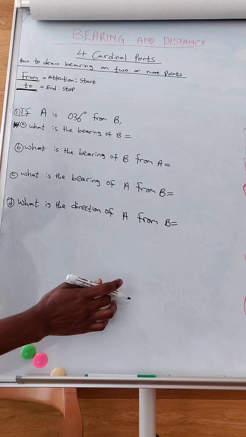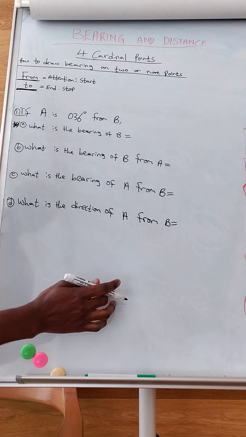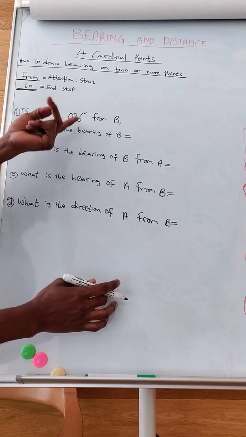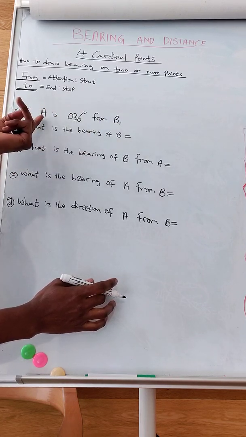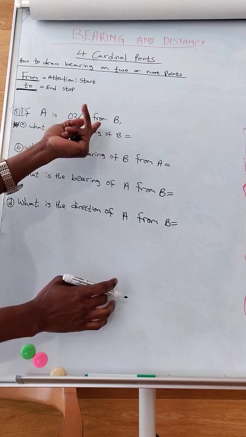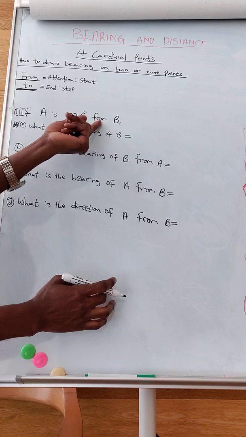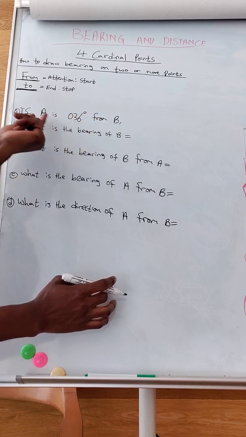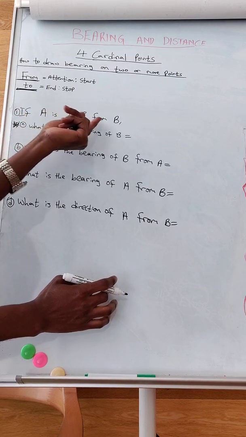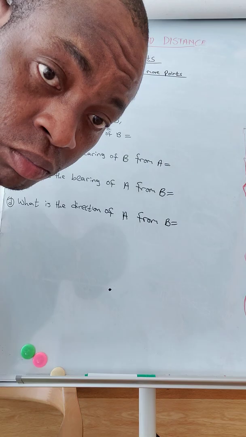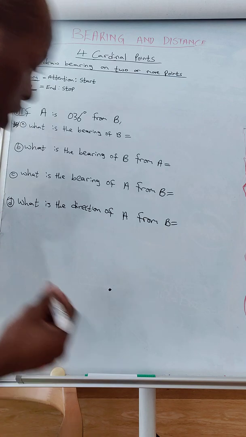Is it A or B? If A is 36 from B, it is not A, because "from B" is here. So this point is B. You have to start drawing your diagram from B. A is 36 degrees from B. Are we together?